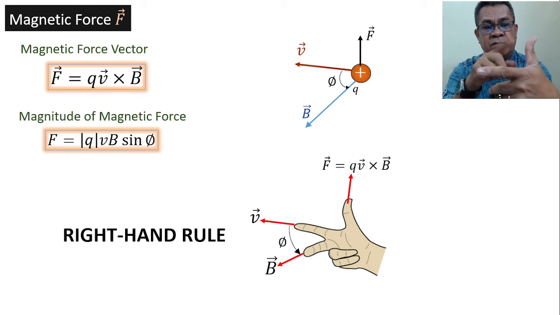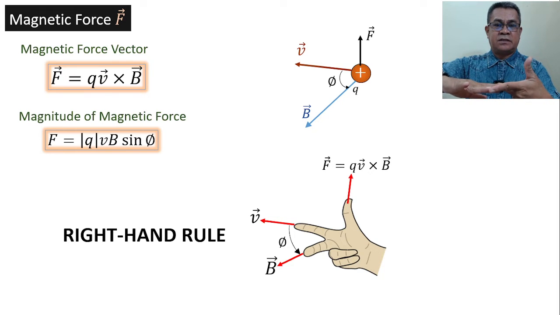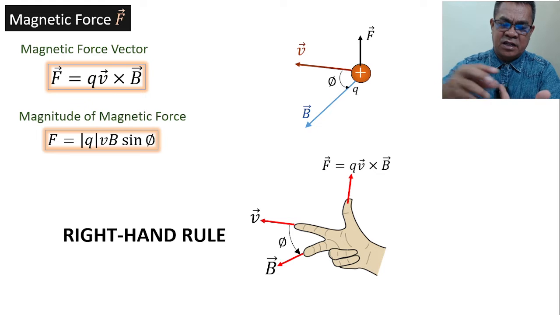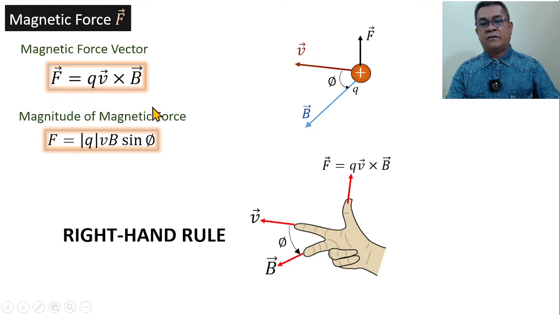Now remember that this thumb is always perpendicular to the plane generated by the velocity and magnetic field. Now this angle can be any angle, an acute angle or an obtuse angle. Take note that the formula involves the sine of that angle, so there must be a positive or a negative on that result.